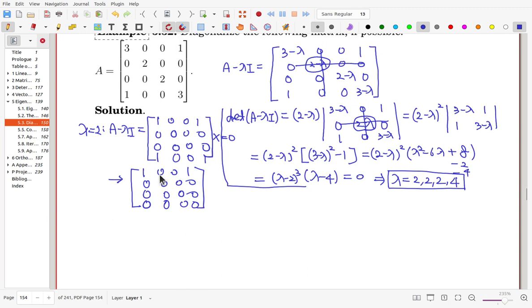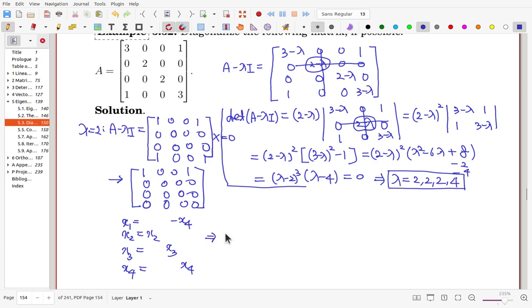And x2, x3, x4 are free variables. So here x1 equals minus x4, and x2 is a free variable, x3 is a free variable, x4 is a free variable.